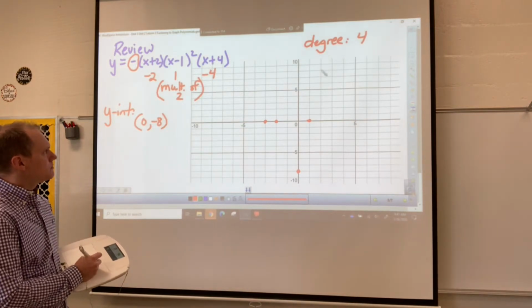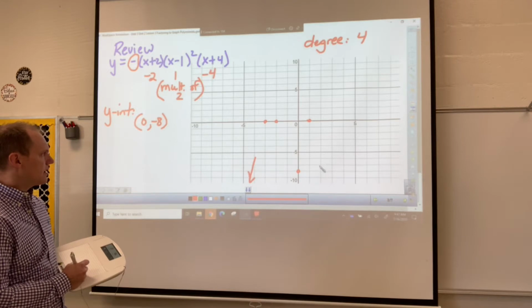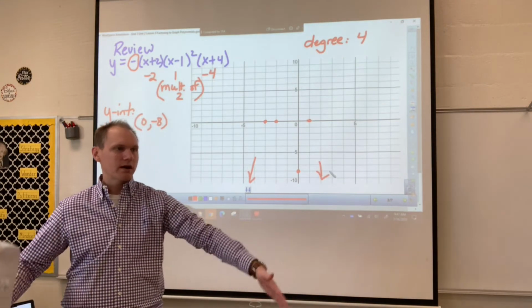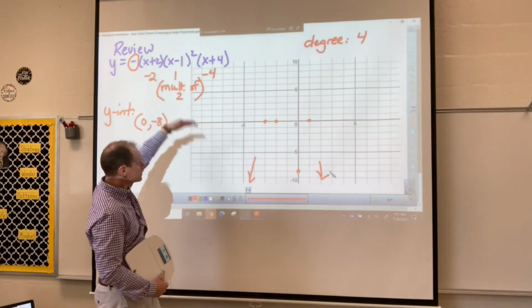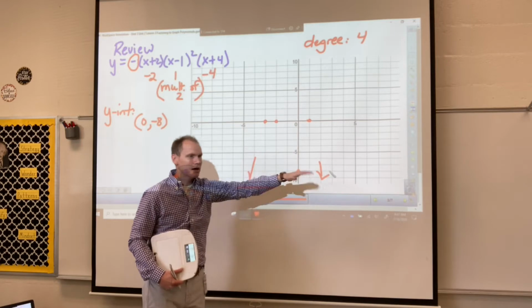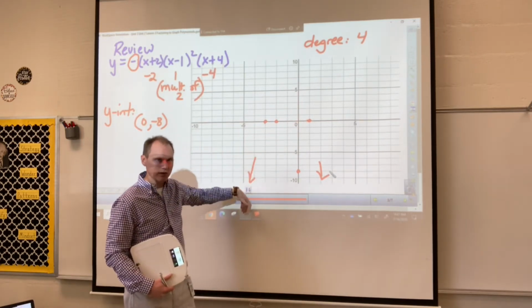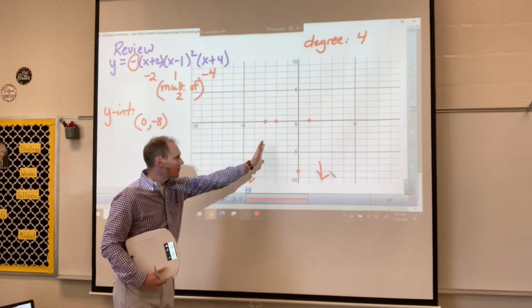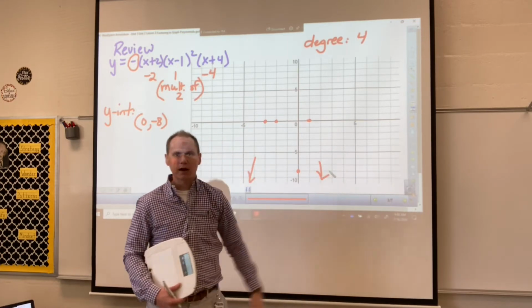What that means is it's going to end up going down to the left and down to the right, just like negative x squared would look. Remember the concave down negative x squared? A negative quartic will still end up going down and down. Now there's going to be a lot of stuff that happens in between, but it ends up going down to the left and down to the right. That's what we mean by end behavior: what ends up happening on the far ends of the graph on both sides.